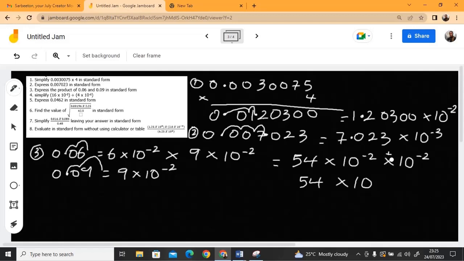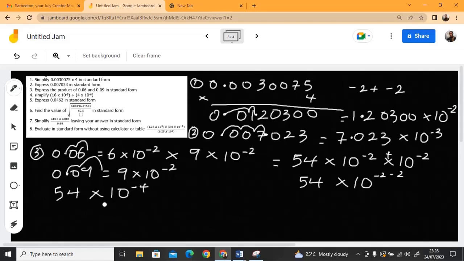Plus times minus is minus, so you have minus 2 minus 2, which is minus 4. So here you have 54 times 10 raised to the power minus 4.